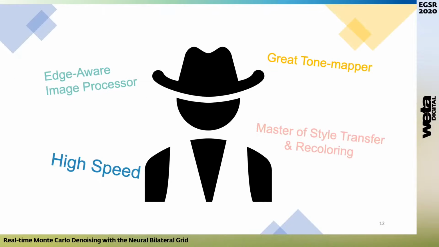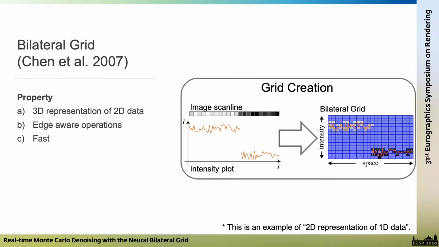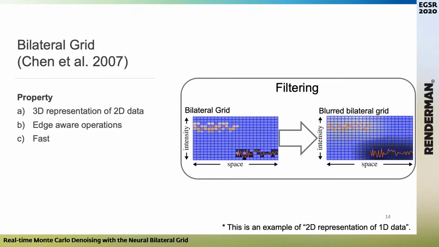These requirements remind us of an old friend who is a master in edge-aware image processing with super high speed, and his name is the bilateral grid. The bilateral grid is a 3D representation of 2D data. By the operation of grid creation, we lift image processing into a higher dimensional space.